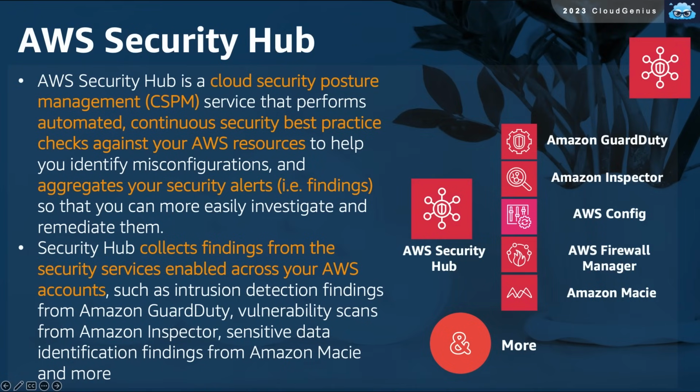AWS Security Hub is a comprehensive security service provided by Amazon Web Services that centralizes and aggregates security findings from various AWS services and third-party tools. With AWS Security Hub, you can gain a unified view of your organization's security posture and quickly identify potential security issues or compliance violations.